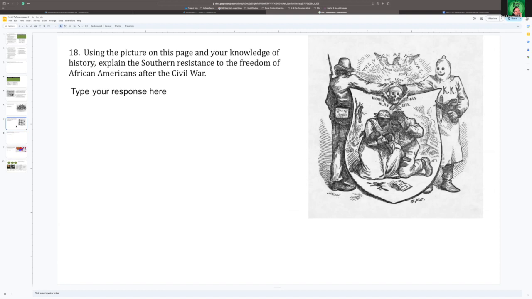We then get into another writing prompt. Using the picture on this page and your knowledge of history, explain Southern resistance to the freedom of African Americans in the Civil War. Again, here's a prompt that will hopefully get kids started, but then I want them to move forward and talk about the effect of the KKK in the South, because I really don't want anyone in the year of our Lord 2024 to walk away thinking that maybe some of the KKK were really good people.